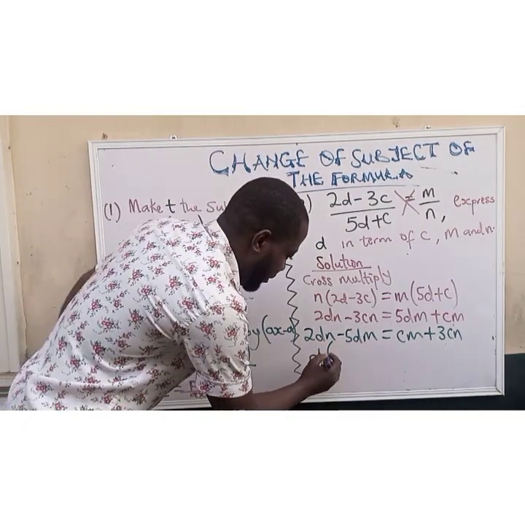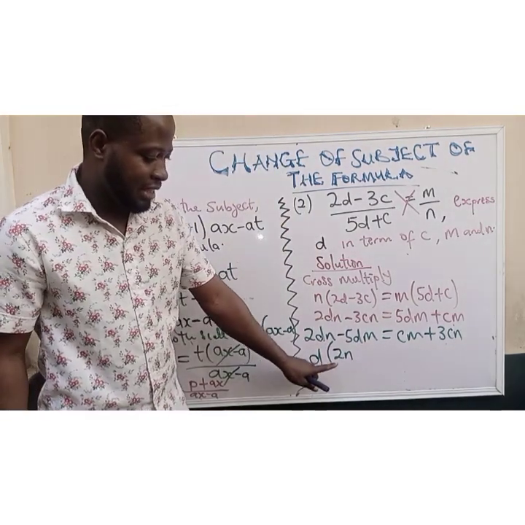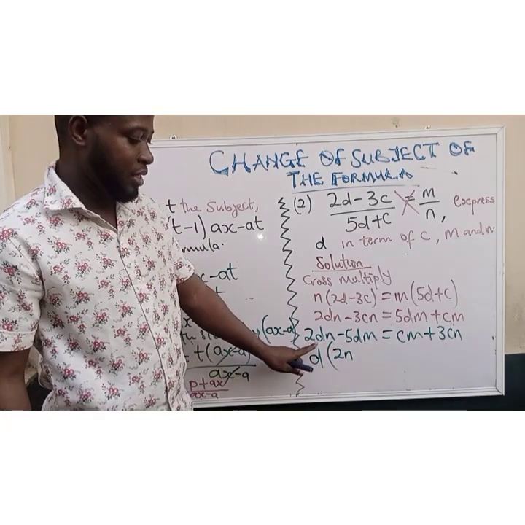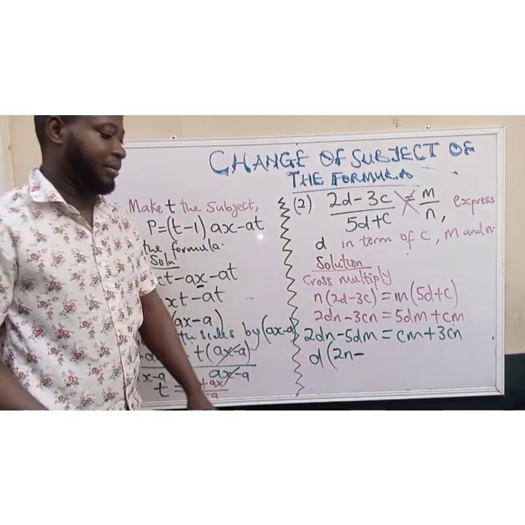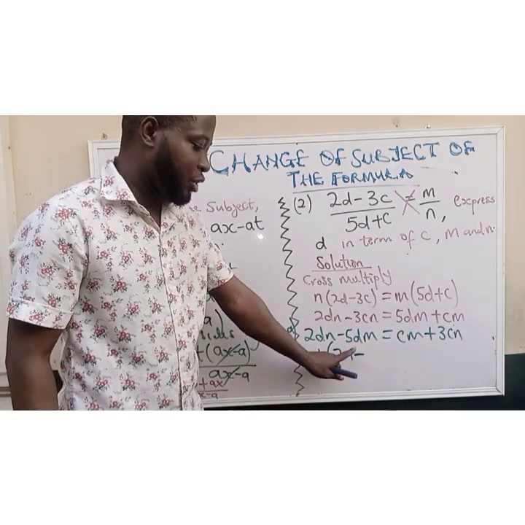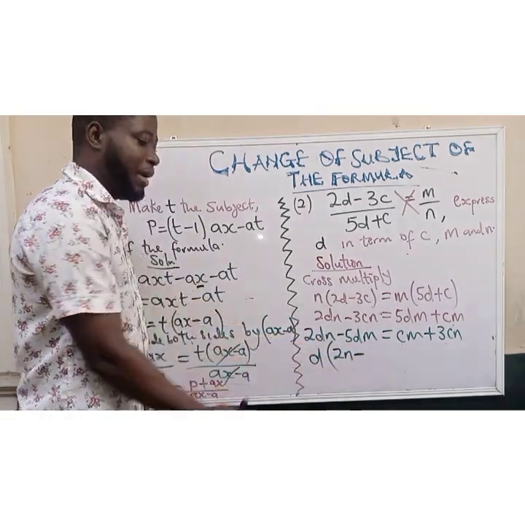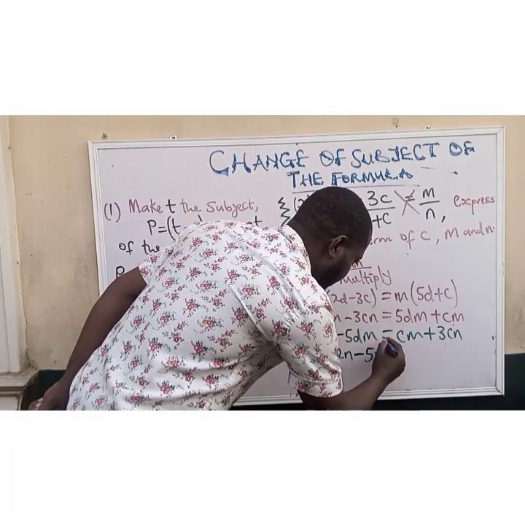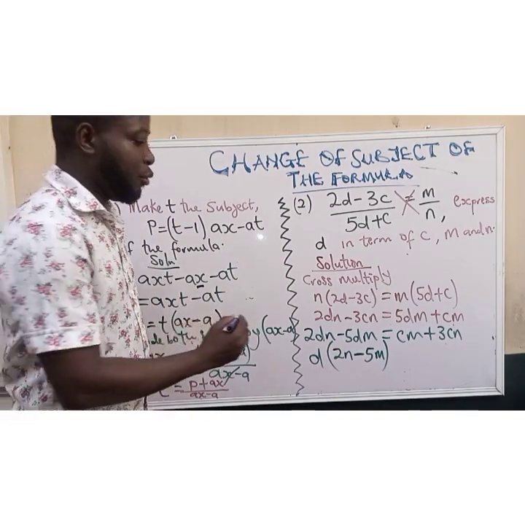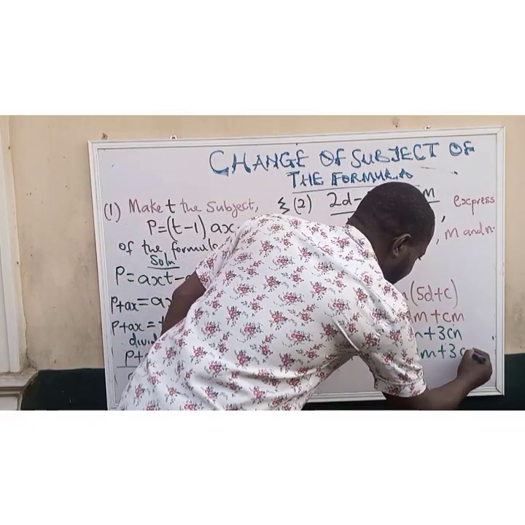By factorizing. d multiplied by 2n will give us 2dn, minus d multiplied by what is going to give us minus 5dm. It is d multiplied by 5m, equals cm plus 3cn.